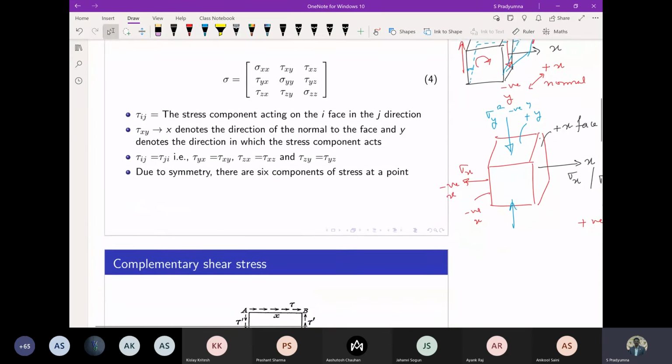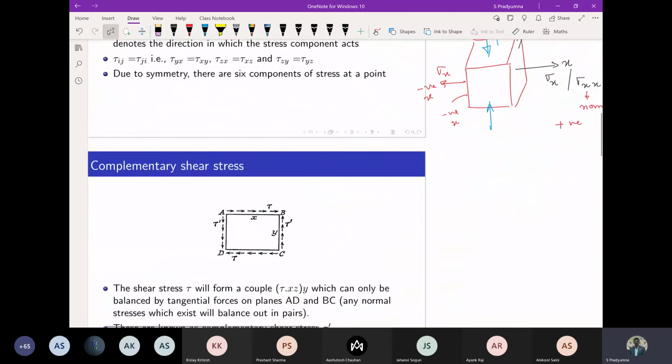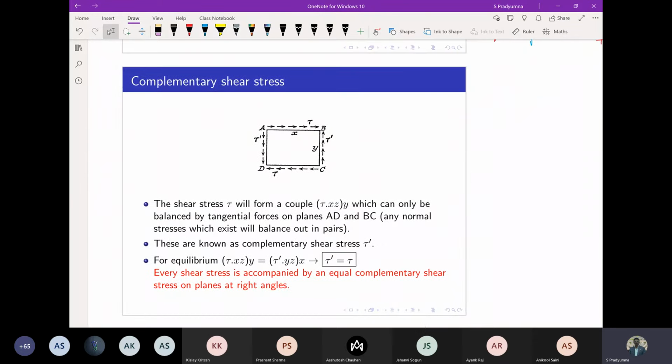And for example, here, I said that there are 9 components of stress, right? The 9 components of stress include 3 normal, that is sigma x, sigma y, sigma z acting along the x, y, z directions, and 6 shear, that is tau xy, tau yx, tau xz, tau zx, tau yz, and tau zy.